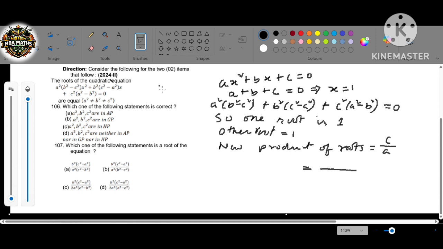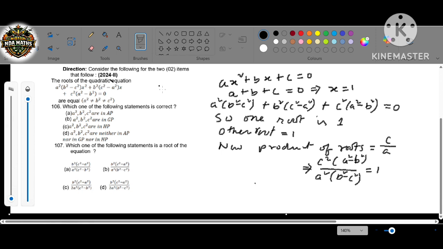So here in this question, the constant term is c square into (a square minus b square), and a means the x square coefficient, which is a square into (b square minus c square). This is the relation of roots and coefficients. The product of the roots is c by a. Now as both the roots are 1, their product is also 1.